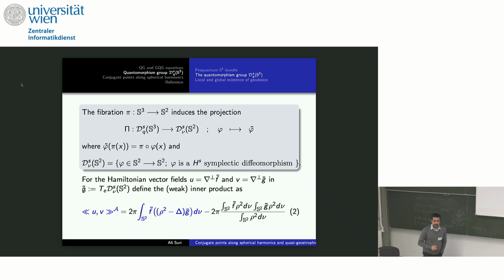Then we have a Riemannian submersion. This was done by Ebin and Preston for the case that rho is equal to alpha, and the proof is very much like that for the case of rho. So we have different multiplicator, different weight function, and constants.